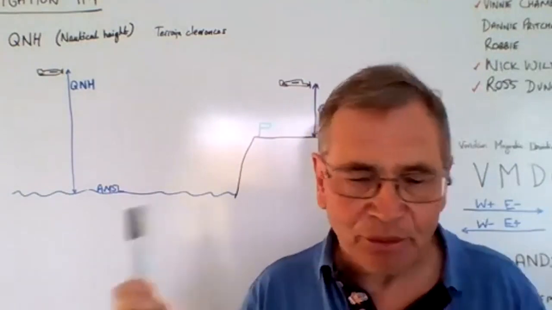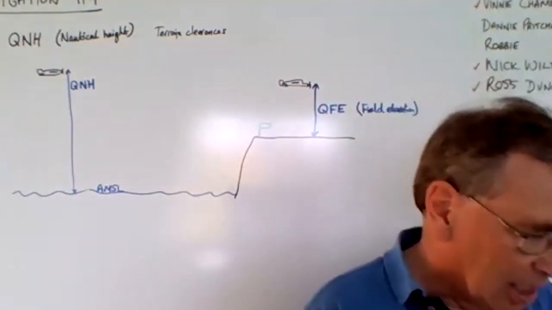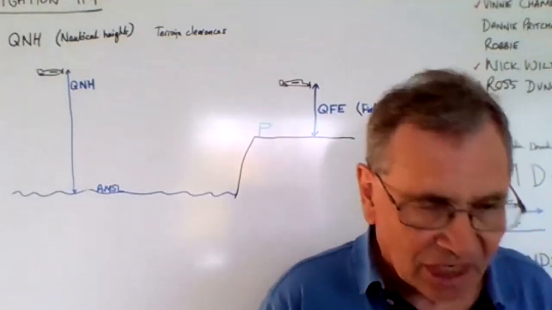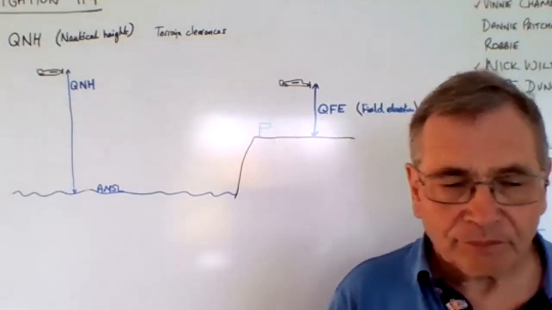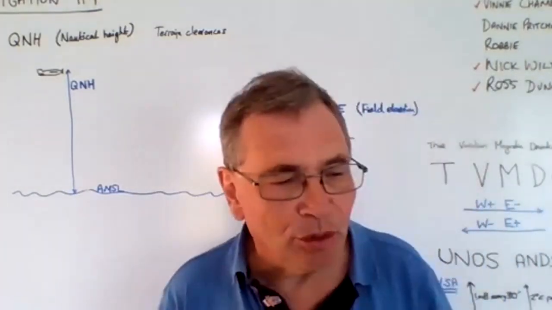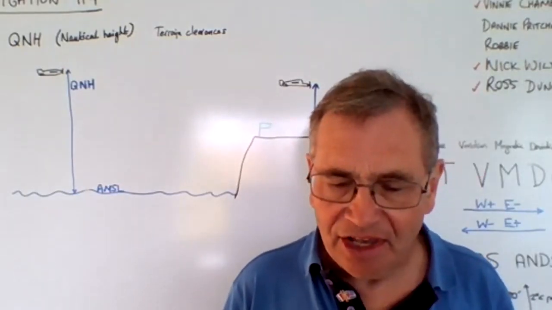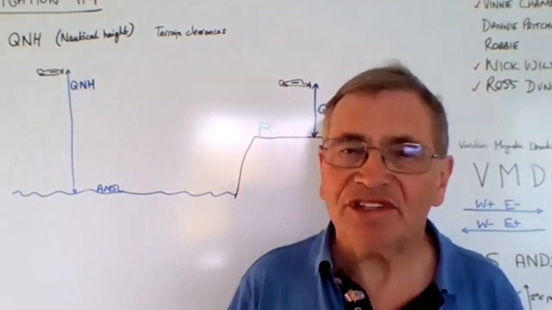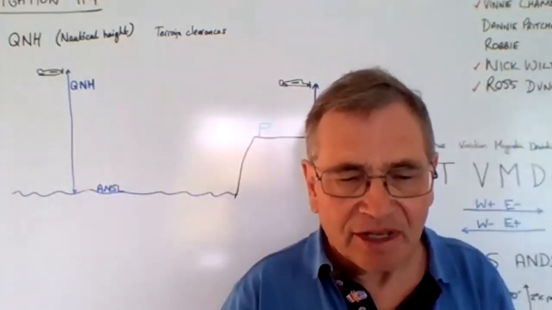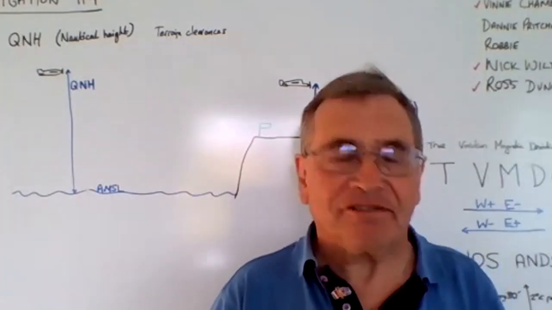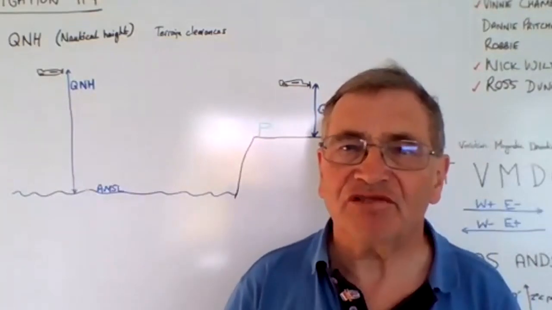So how on earth are we going to make sure that all the planes are flying the same setting? Well, the way we do that is that in the world, everywhere is divided into altimeter setting regions. So the whole of Cyprus might be one altimeter setting region, for example.